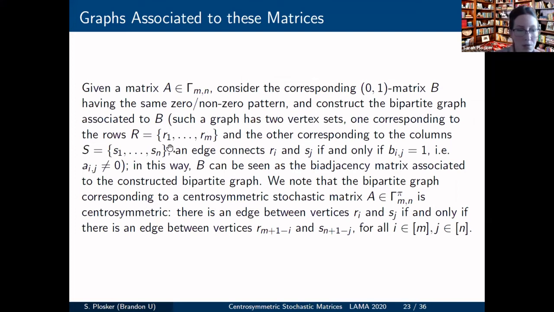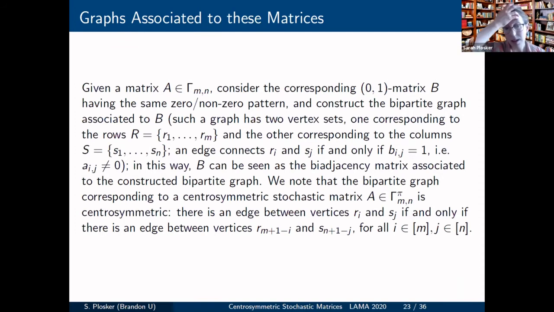One corresponds to the rows R1 through Rm. The other vertex set corresponds to the columns S1 through Sn, and an edge connects Ri and Sj if and only if the entry of your matrix is non-zero. So we have a bi-adjacency matrix associated to the constructed bipartite graph.